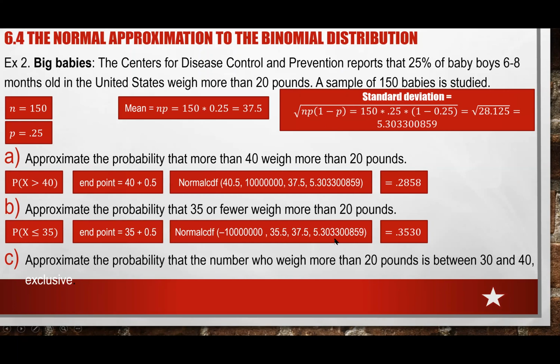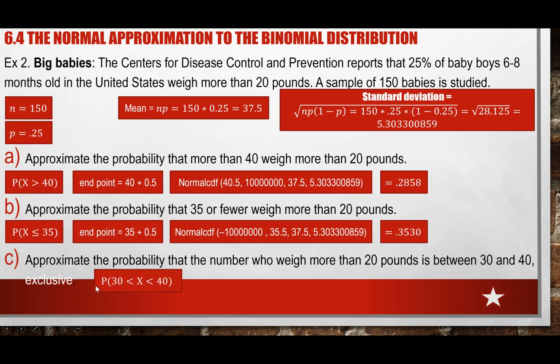And lastly, approximate the probability that the number who weigh more than 20 pounds is between 30 and 40. So it's exclusive. Reminder, what does the word exclusive mean?